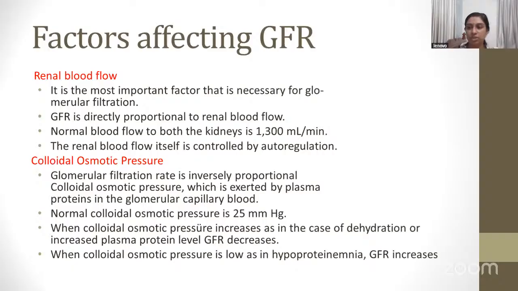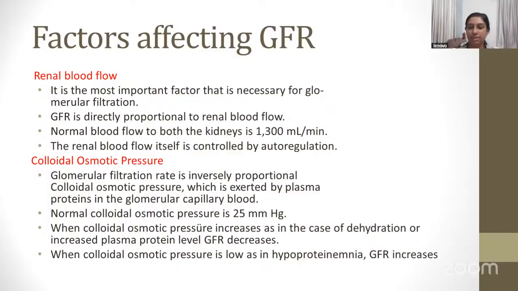So now coming to the different factors which are affecting the GFR. Okay, first and foremost factor is the renal blood flow. For obvious reasons, we know that when the renal blood flow is increased, the amount of plasma traversing through the glomerular capillaries will be more, thereby increasing the filtration.